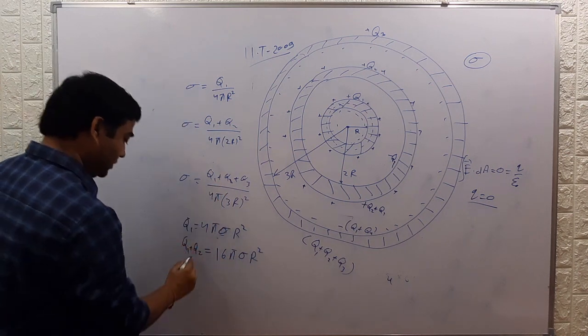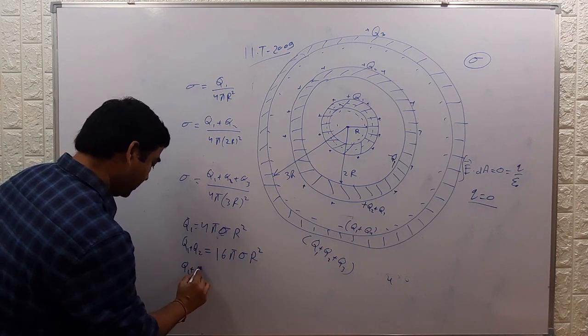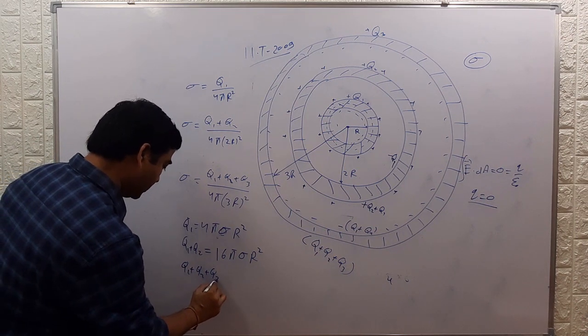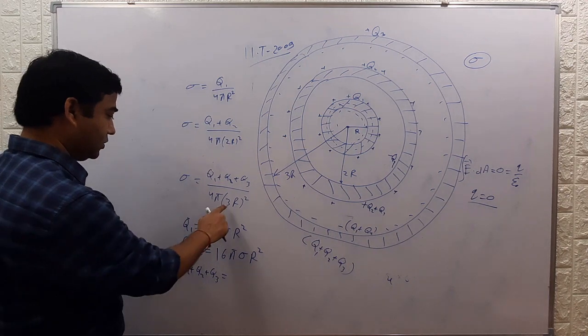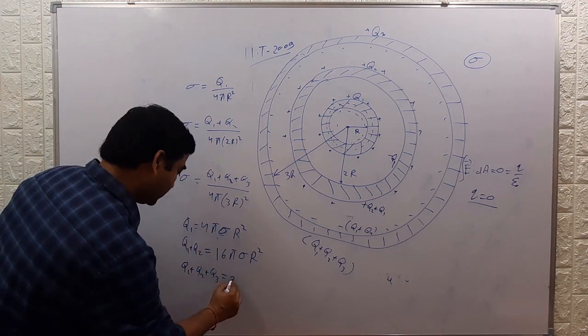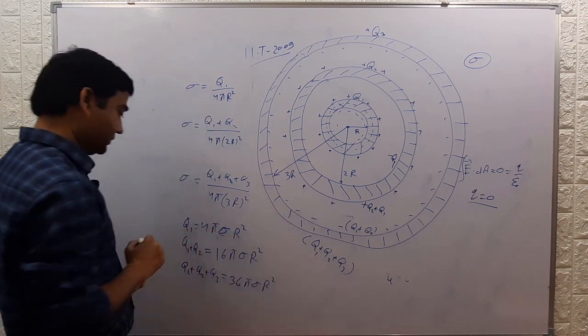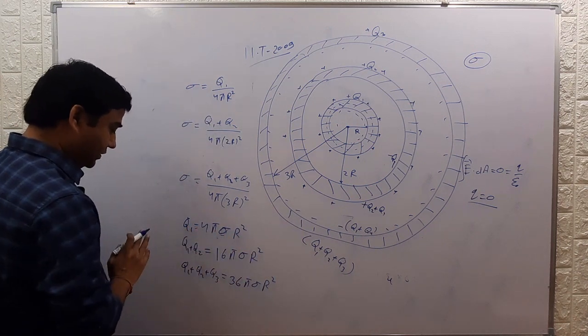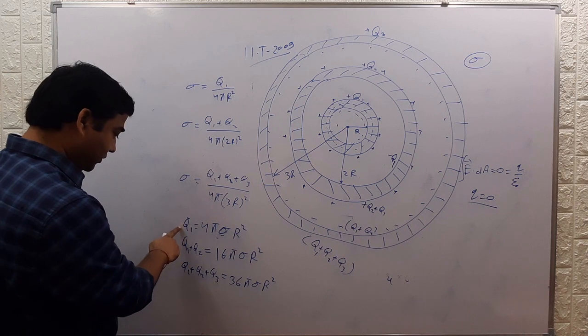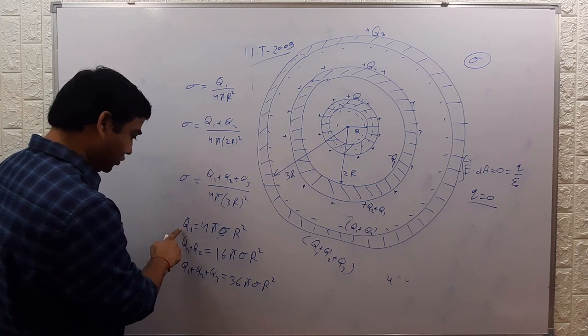From this equation Q1 plus Q2 plus Q3 is equal to 36 pi sigma r square. So this is given. Now from these equations, this is Q1.